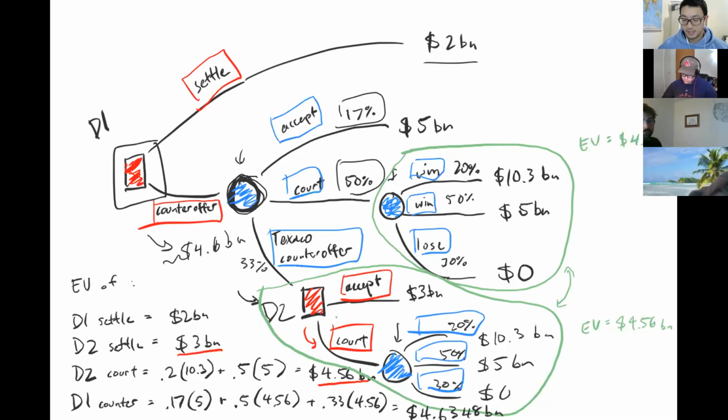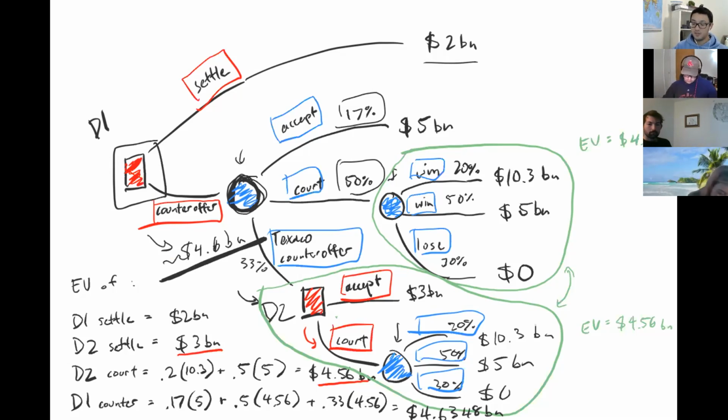Okay, and so in this case, if you are faced with this problem, then you would choose to make a counter offer, because your expected value of doing this decision an infinite number of times would be $4.6 billion versus $2 billion.